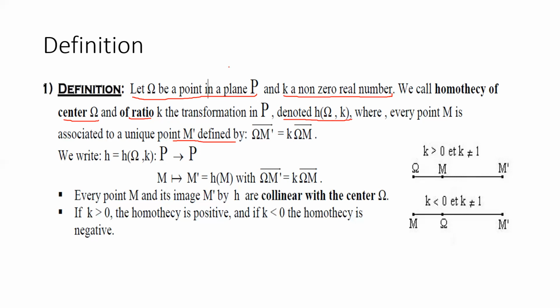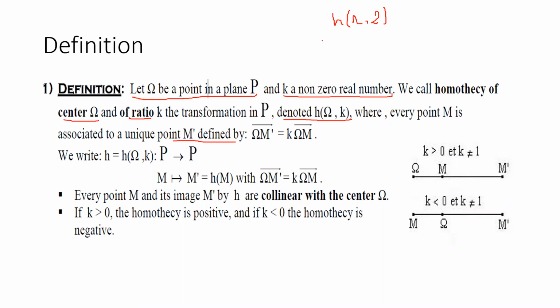Shall I repeat the definition? Here we took a point with center omega, a fixed point of the plane. Okay, for example, if I have the dilation h omega 2, it means the center is omega and the ratio is 2.